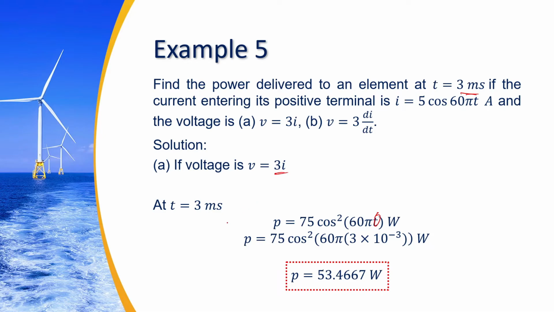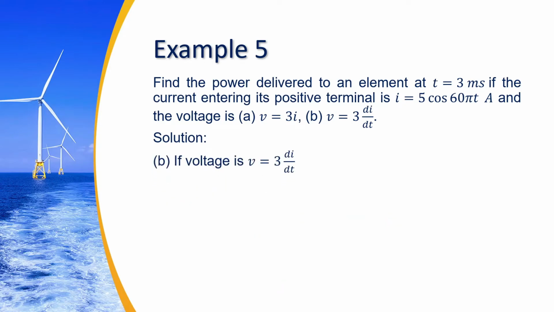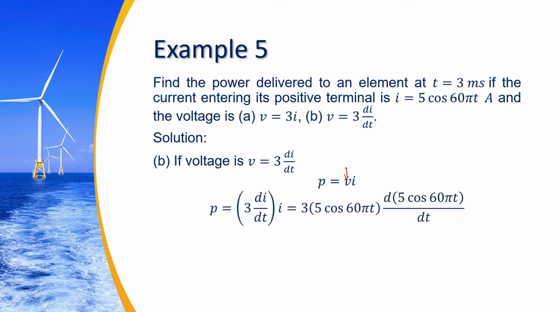So, paano naman kapag 3 di over dt ang voltage natin? So, using again na formula ng power, substitute lang natin yung voltage sa V. So, therefore, ito yung magiging itsura ng equation natin. Okay?